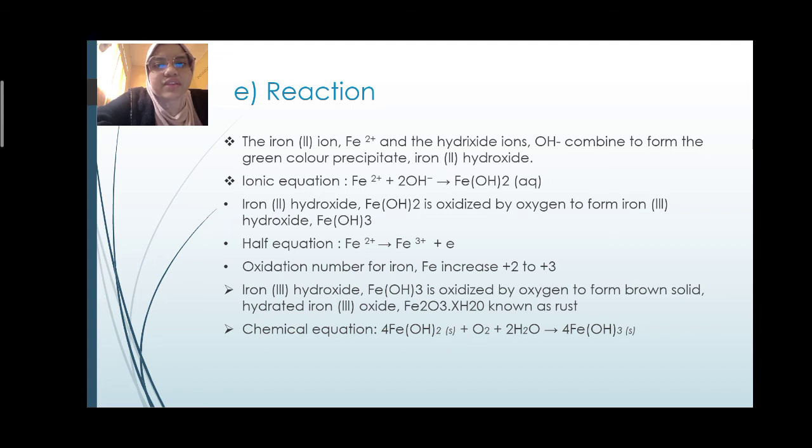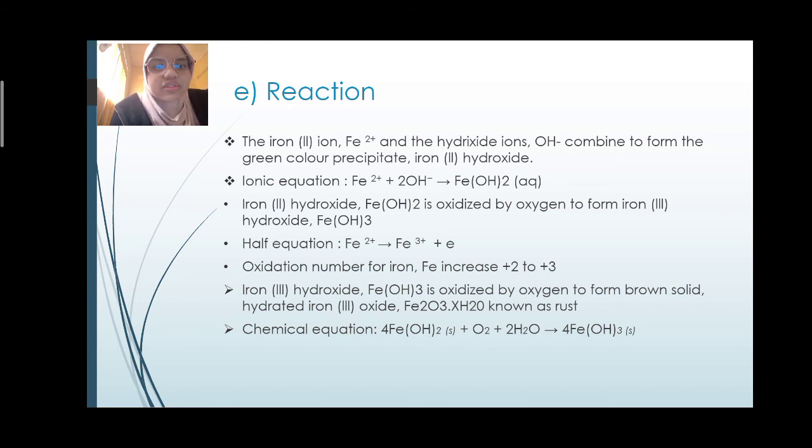Half equation: Fe2+ forms Fe3+ plus electron. So the oxidation number for iron Fe increases from +2 to +3.